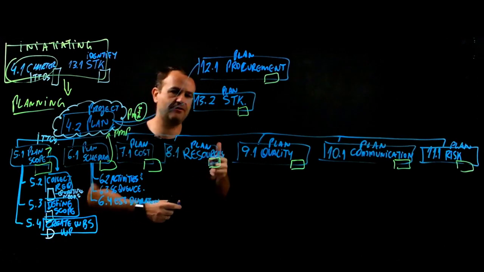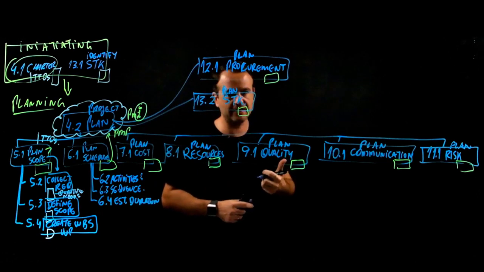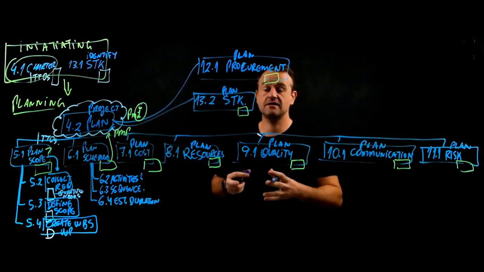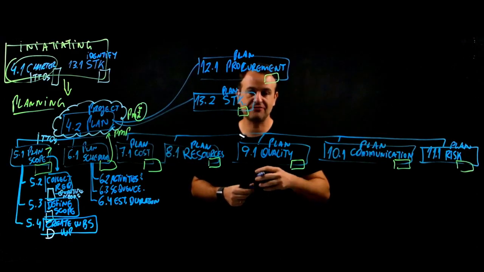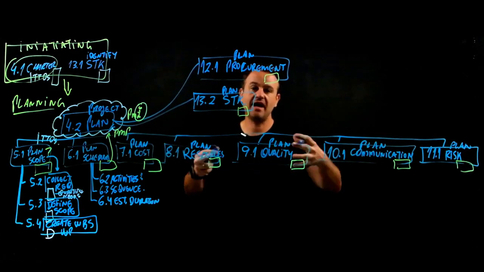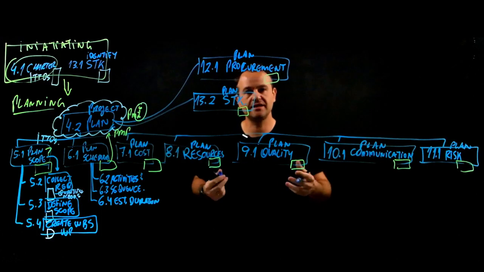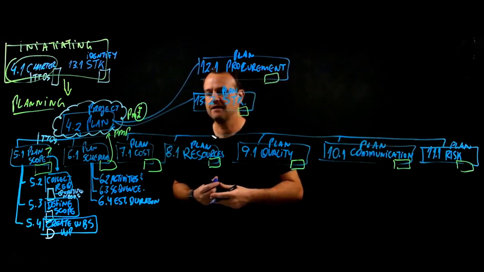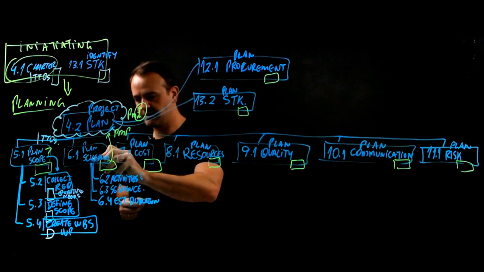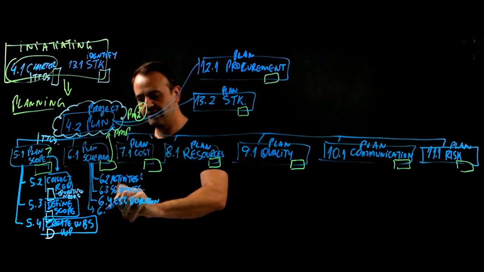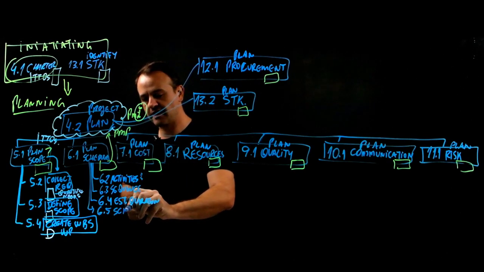So once you have all the activities for your schedule, and these activities are sequenced, then we can think about the duration for each of the activities and add up those activities in the critical path so that we get the end result we expect, which is the project schedule. You have a specific process for the schedule.